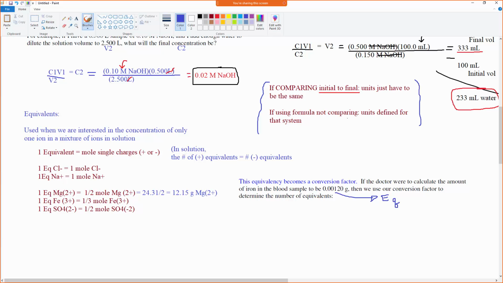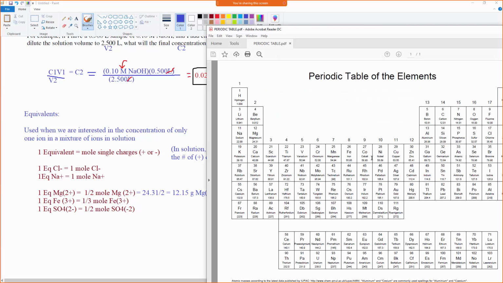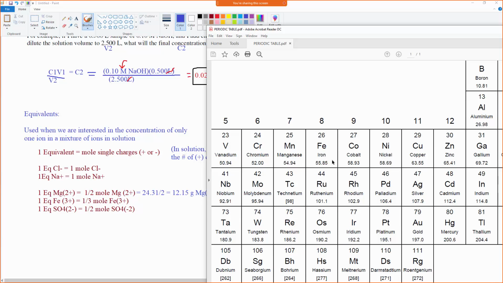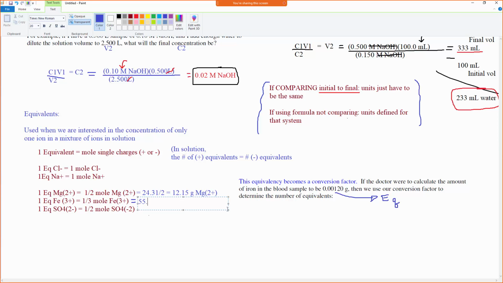Well, we know that one equivalent is 1/3 of a mole. And if I look up on my handy dandy periodic table here, iron is 55.85 grams in a mole. This is equal to 55.85 grams, which we divide by 3 because we're in 1/3 of a mole.